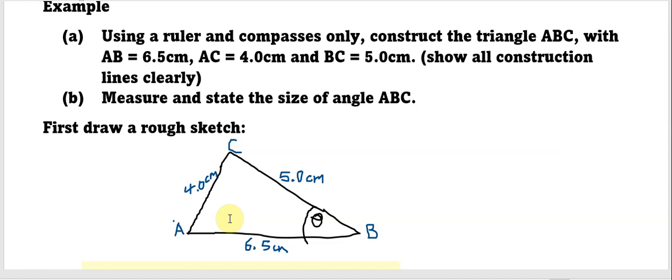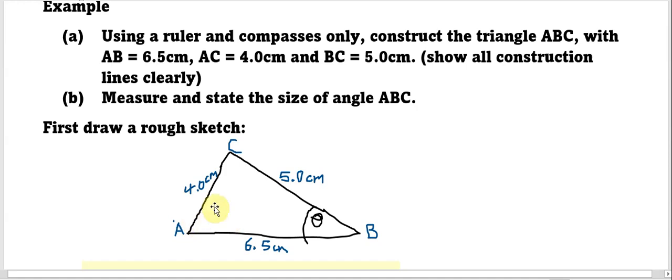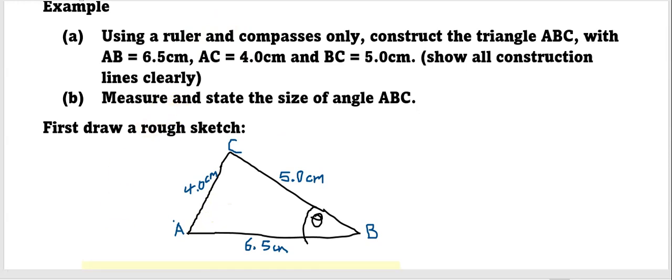AC is 4 centimeters and CB is 5 centimeters, and of course it is not drawn to scale. Note also that angle ABC is the angle that we want to know based on what the question asks of us. So let us head right to our construction pad in order to construct this triangle.